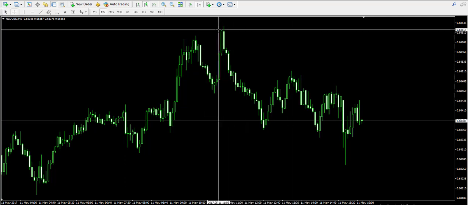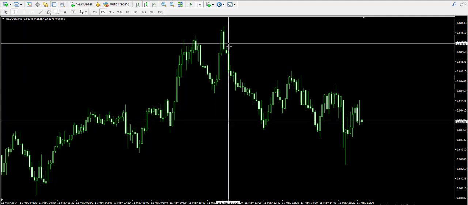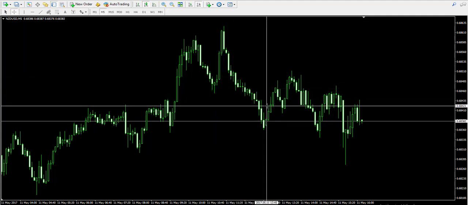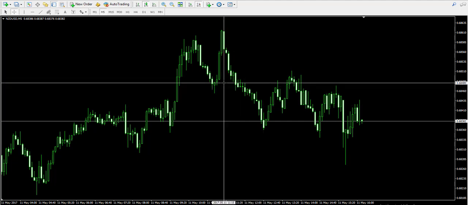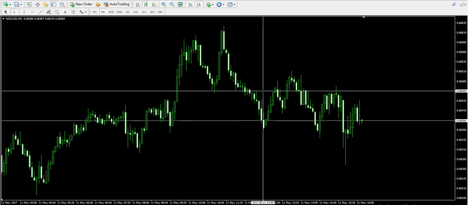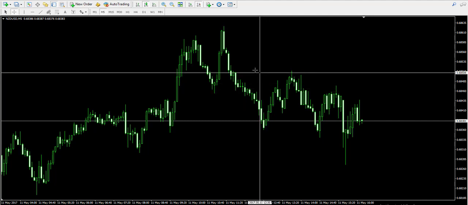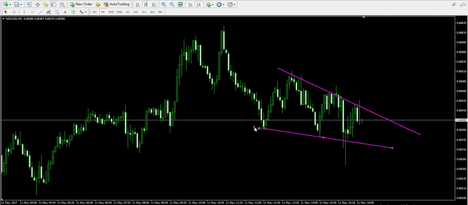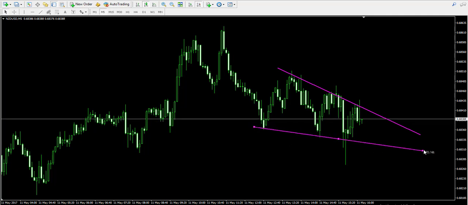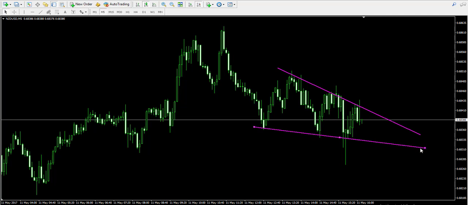Notice that the price has been decreasing during the last nearly couple hours, an hour and a half, and suddenly the price started moving sideways. However, this sideways consolidation resembles a falling wedge chart pattern. Here it is. That's a real wedge.